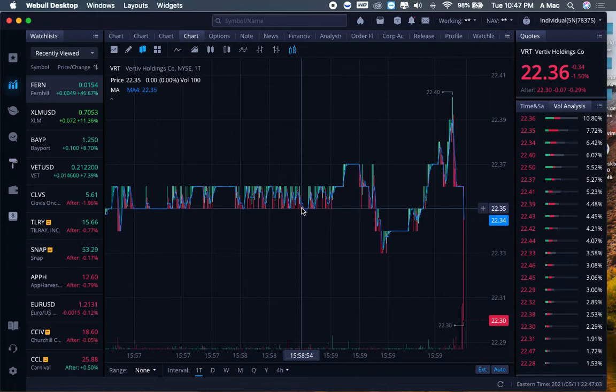So over here you can see that the price is being supported at 22.35 and it resisted 22.36 for many trades. These are a lot of different trading transactions that happen between that time, almost 10 minutes.